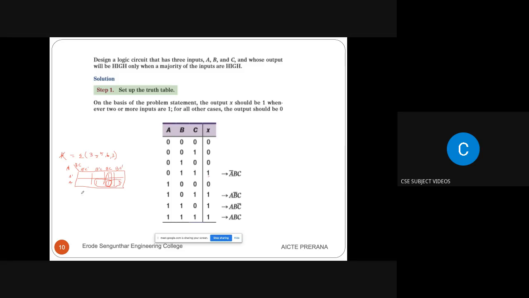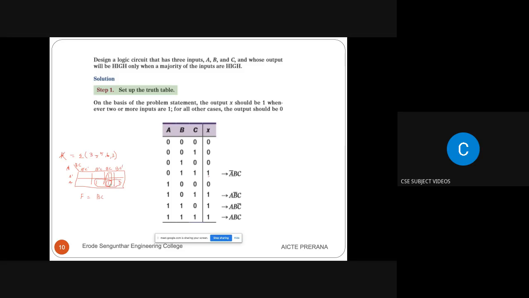Then we have to write the Boolean function for these pairs. This pair is BC, because when mapping this pair, A dash plus A will be 1, and the remaining BC will come here.